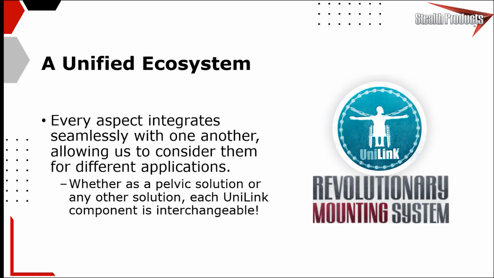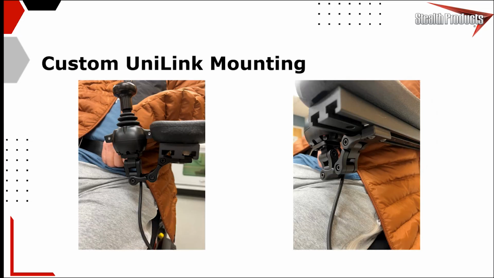There's very, very few exceptions to that, and so to some extent, your creativity here is kind of the limit. So it's like having a grown-up erector set for specifically mounting things to wheelchairs. So it's pretty fun to play with if you have access to all the parts and pieces.